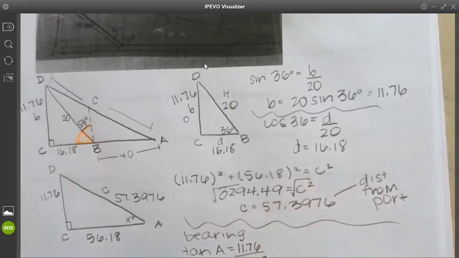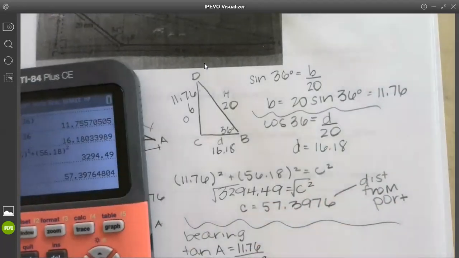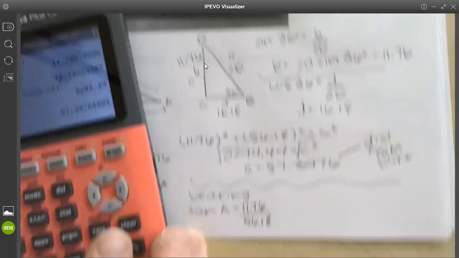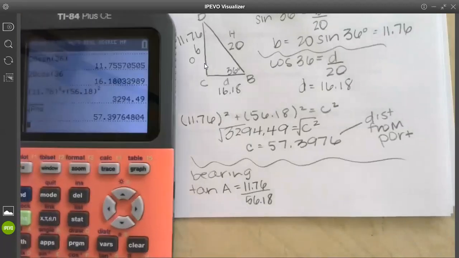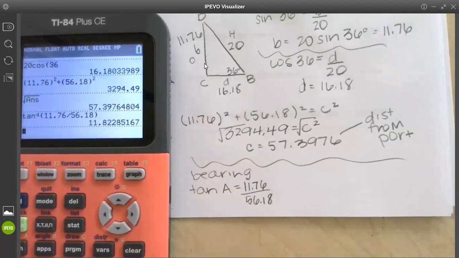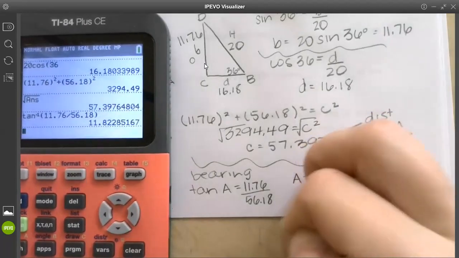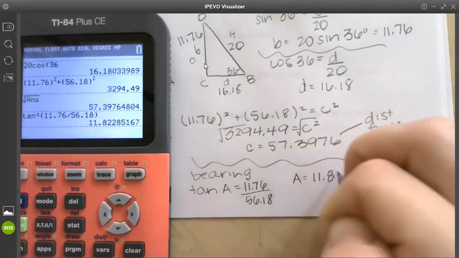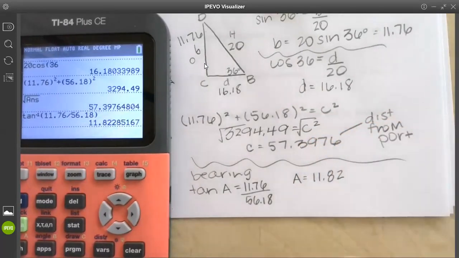How do I put that in my calculator? Second tan, 11.76 over 56.18. Gives me that A equals 11.82.